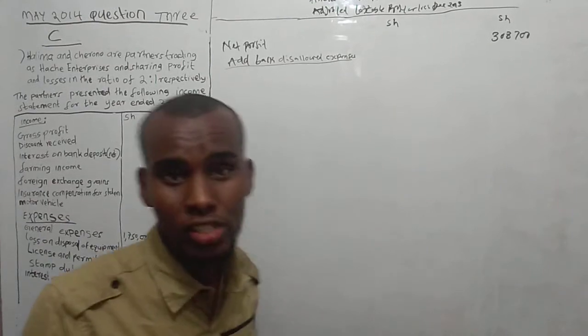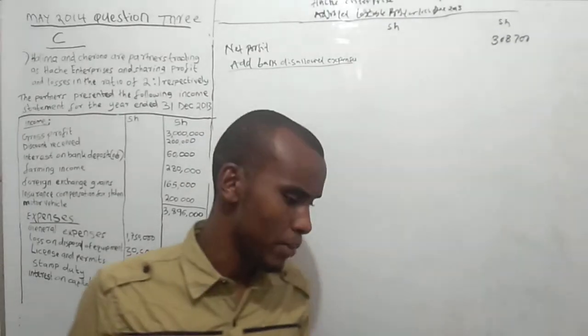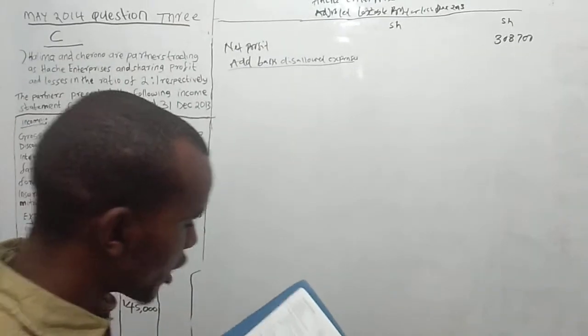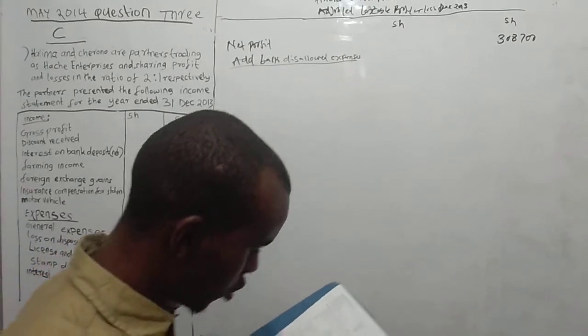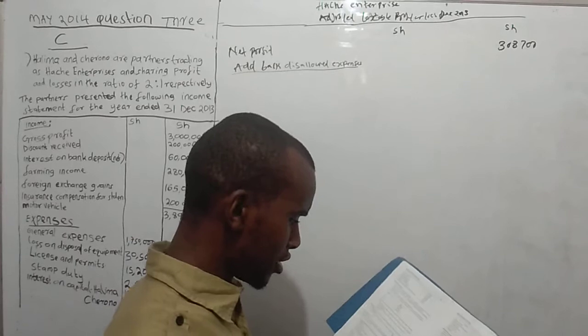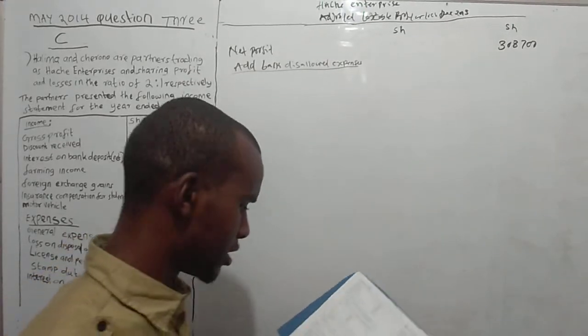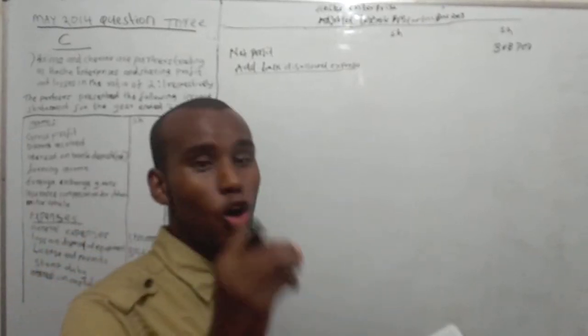But if you see additional information number 3, we are told the general expenses comprise of cash embezzled by the cashier, partition of the office, partnership jubilee celebration, donation to National Disaster Committee, and other office expenses.